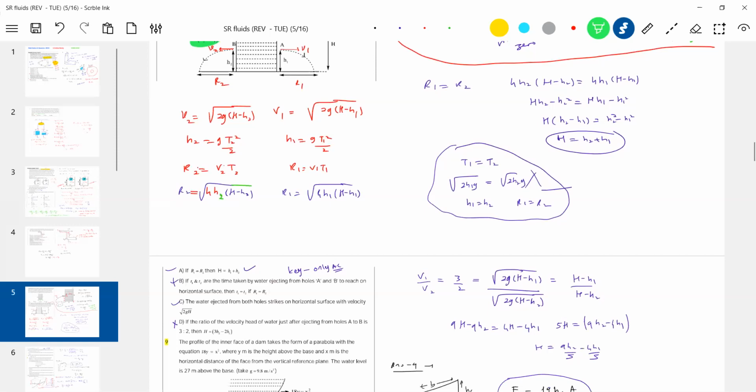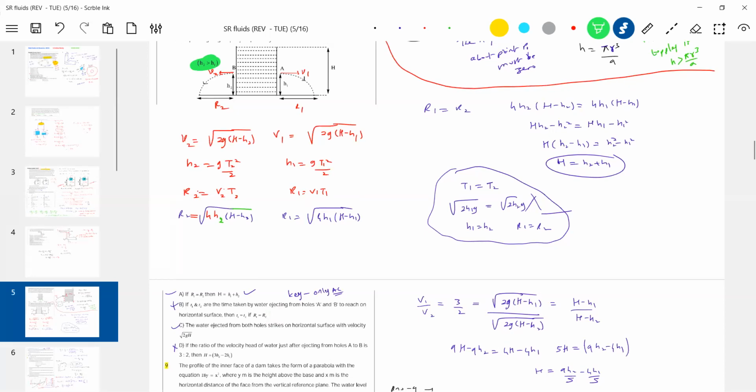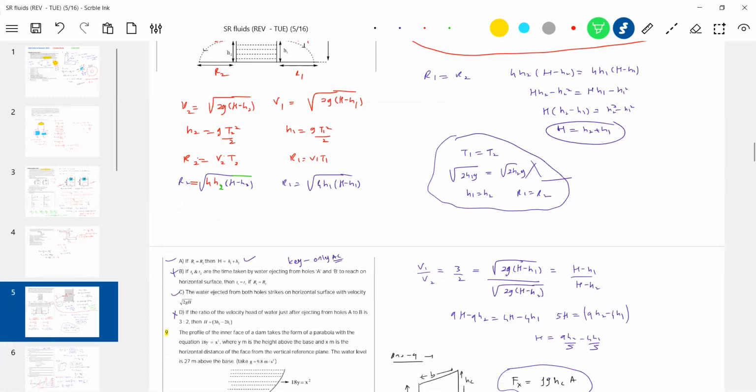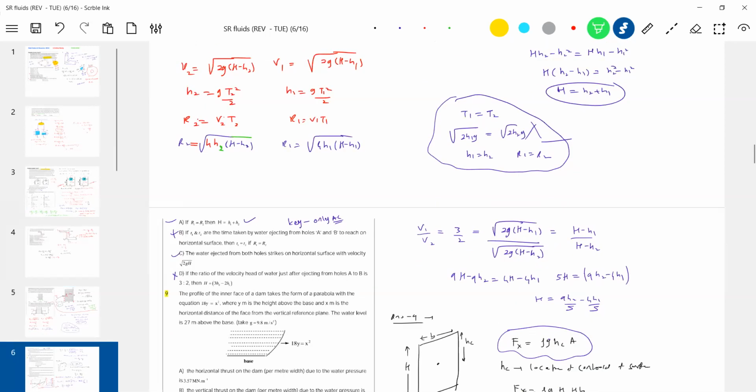The water ejected from both holes strike on the horizontal surface with velocity root 2gH. V1 by V2.